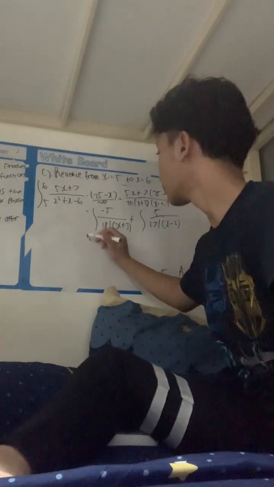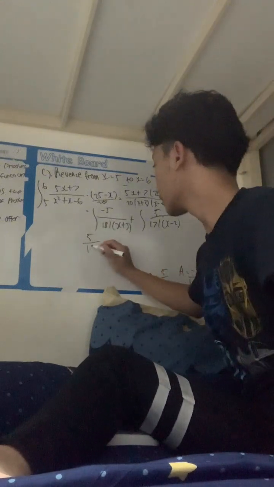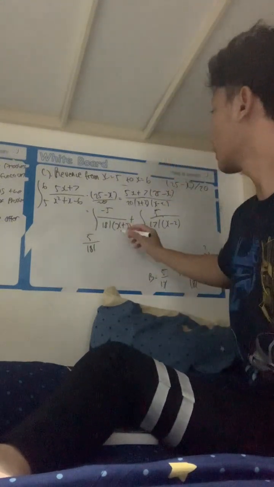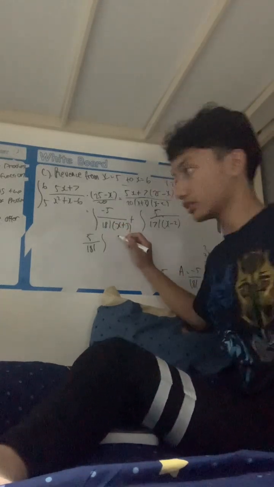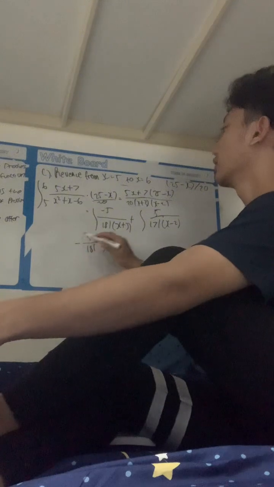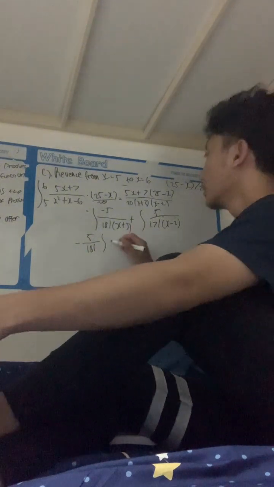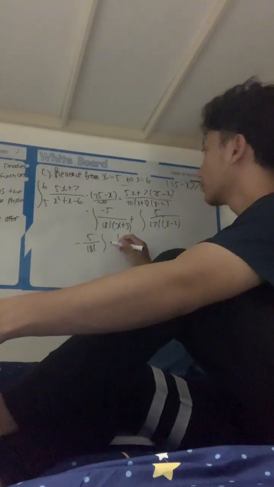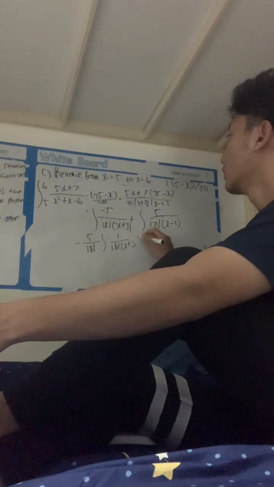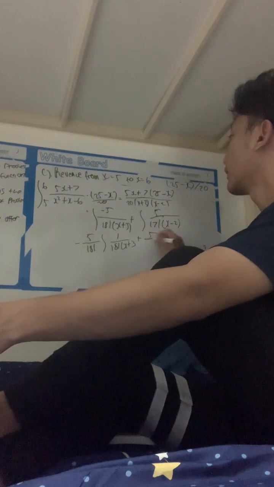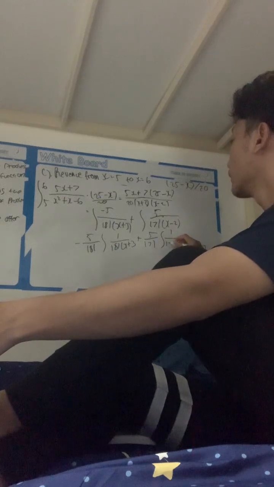Okay, so we're gonna separate these. The 181 integral, so this becomes 1 over 181 x plus 3 plus 5 over 171 integral 1 over 171.